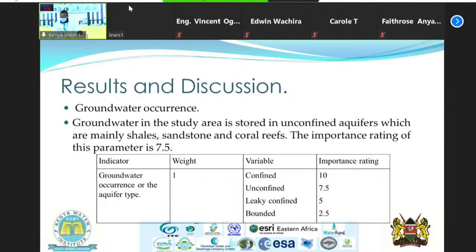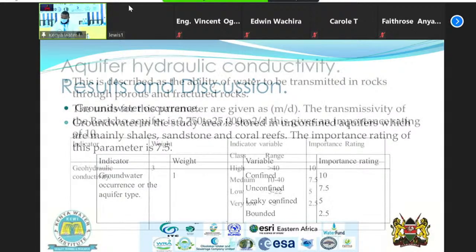So here are the results. For the groundwater occurrence, most of the Baricho Aquifer is unconfined, so it was assigned a rating of 7.5, as you can all see.